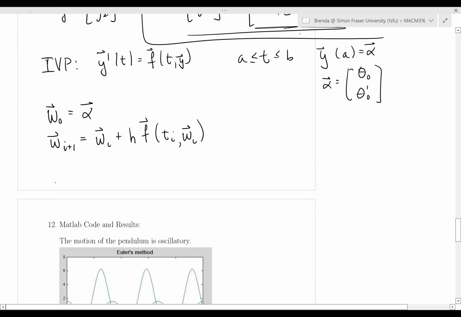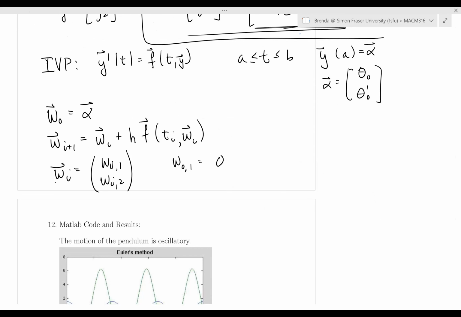The vector WI, in this case, looks like this: WI component 1, WI component 2. That means that, for example, W naught at time t equals 0, the first component is theta naught, and W naught, the second component is theta prime naught.